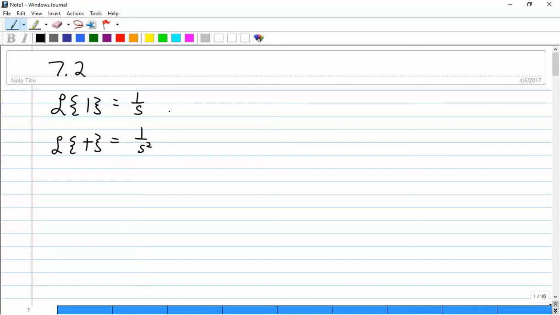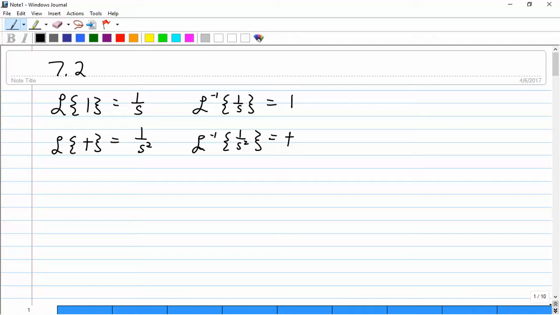If that is true, then the inverse Laplace transform of 1 over s is equal to 1, and the inverse Laplace transform of 1 over s squared is equal to t. Okay, so it's just going opposite, just like derivative and integral. It's just the opposite.